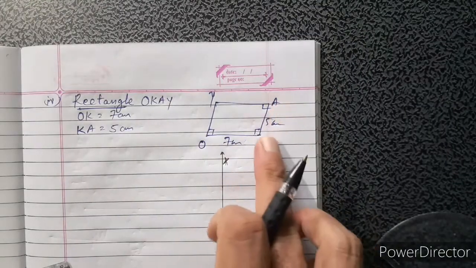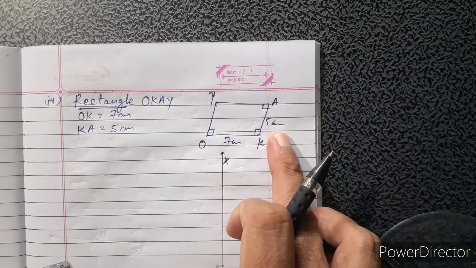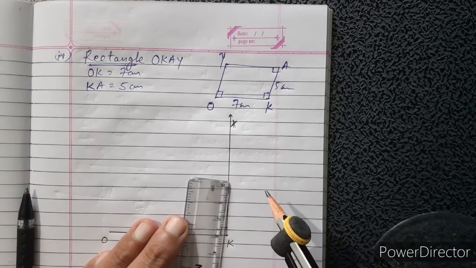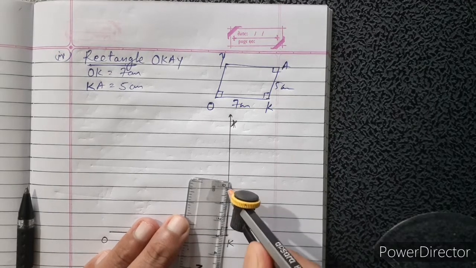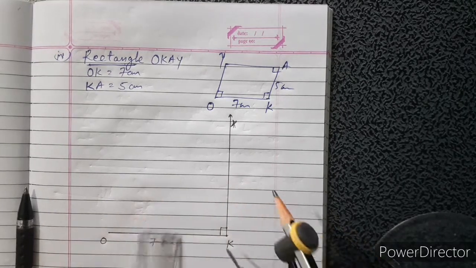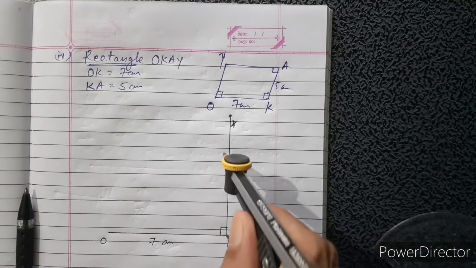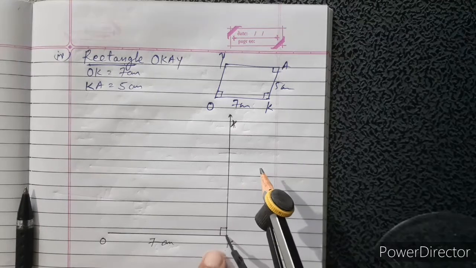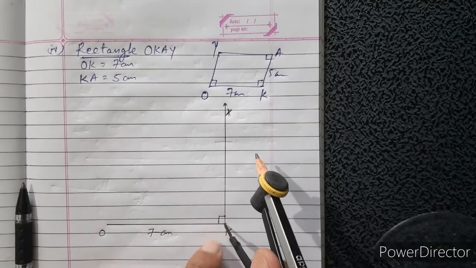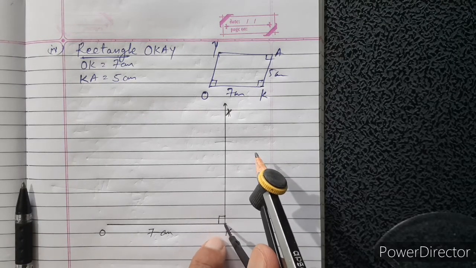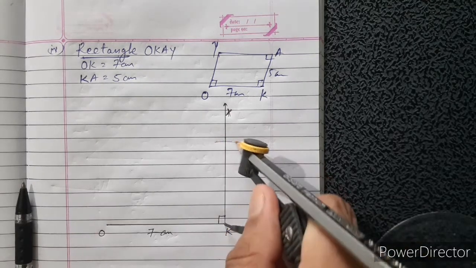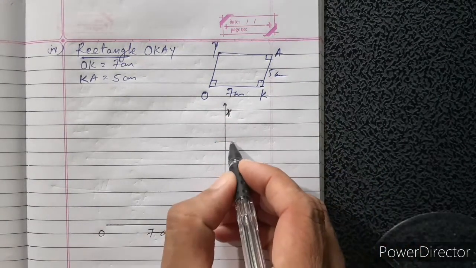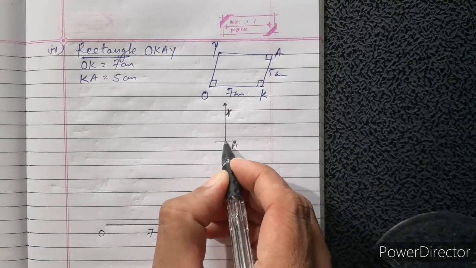Now KA equal to 5 centimeter. So what to do? Just take 5 centimeter radius with help of ruler and draw arc. Okay, radius equal to 5 centimeter and from K. Take K as a center and draw arc which intersect KX at A. That is our point A. Okay.